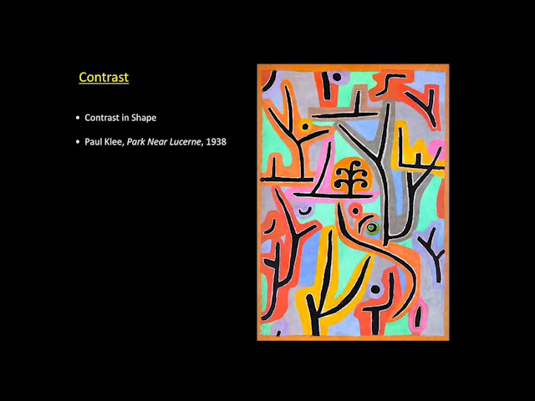So contrast in shape is, not only is it a lot of color happening in here, but the black lines of the branches and the pathways are very different types of shapes than, say, the roundness of perhaps maybe this was a fountain and the rest of these were trees, or perhaps this was a tree and these were all pathways. It's hard to say what it actually looked like, but it was just various organic shapes, but almost geometrical shapes as well, a combination of the two.